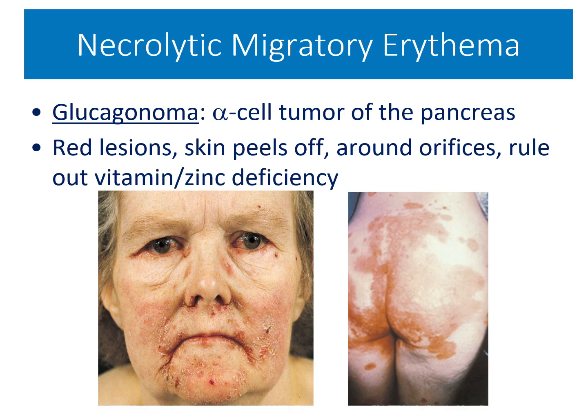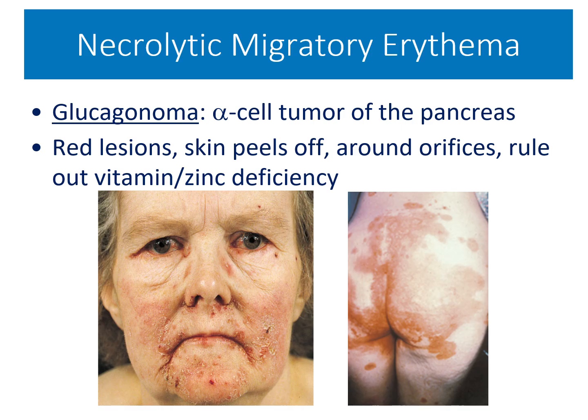Now, necrolytic migratory erythema is a peculiar paraneoplastic manifestation, and these patients always have an underlying glucagonoma, which is an alpha cell tumor of the pancreas. In the skin, you will see red patches with some crusting and peeling, most often around the orifices, so around the mouth, the perianal area, etc. So the skin is just red and scaly.